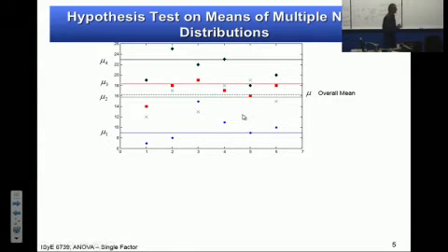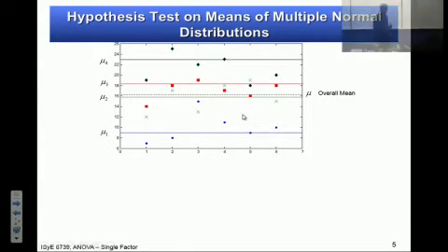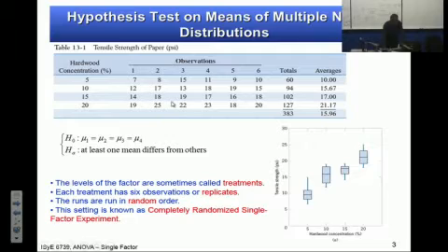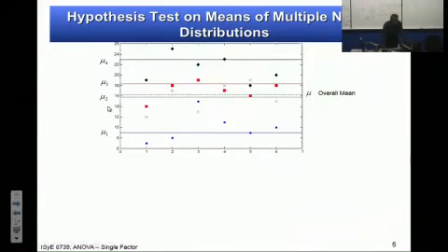Now, let's see what statistical model we are going to use. Let's start with one observation. By the way, this is the plot of the tensile strength. We have 4 populations. These are the mean for the first population, mean for the second population, third and fourth. So this is Y11, and as you can see, Y11 can be represented as the average for the first population or level plus some random error.